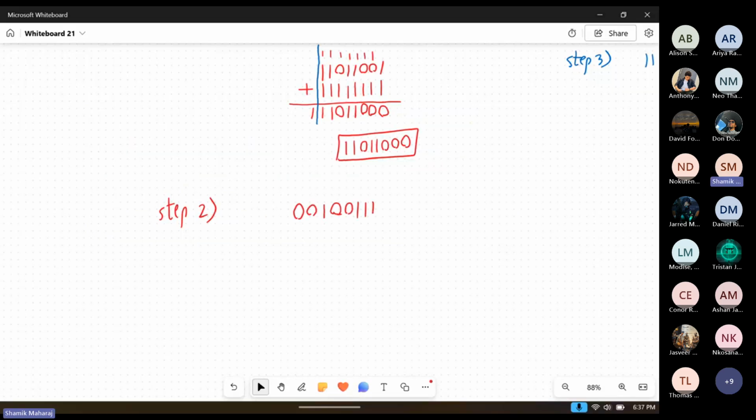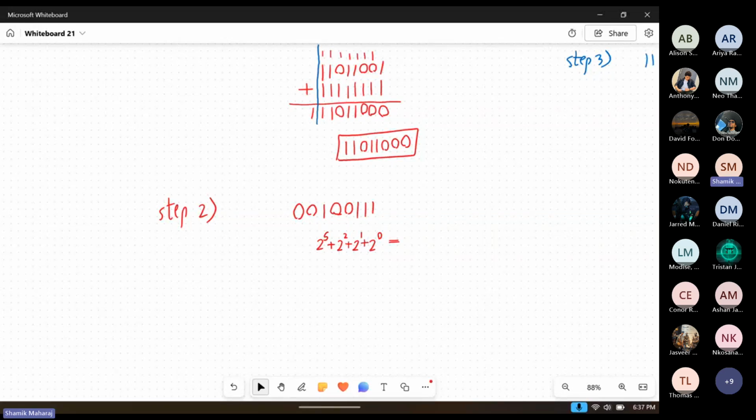Okay, so I'm going to write this. 2 to the 0, 2 to the 1, 2 squared. Those are the first 3 digits. The next one is 2 cubed, doesn't exist. 2 to the 4 doesn't exist. 2 to the 5 does exist. Everything else are all zeros, so they don't matter. So plus, plus, plus.